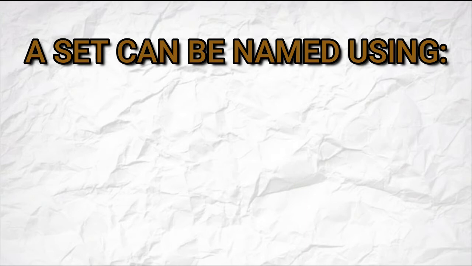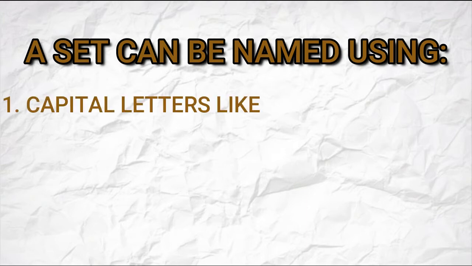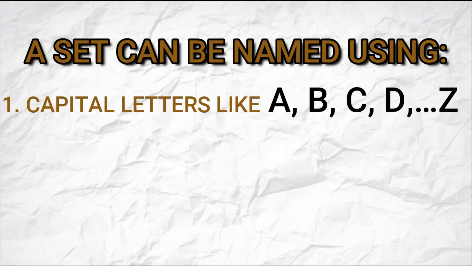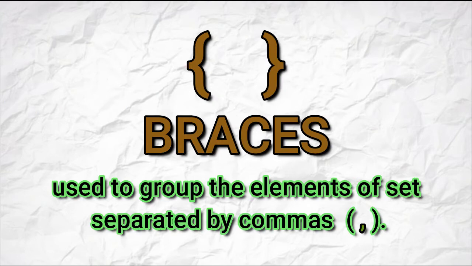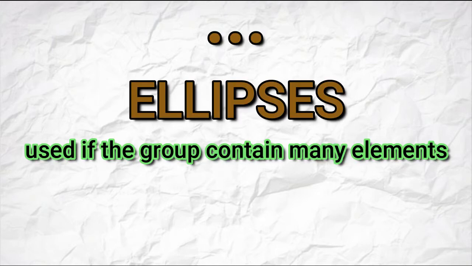A set can be named using capital letters like A, B, C, D, up to Z. And we use braces to group the elements of a set, separated by commas. If a set contains many elements, we often use three dots, called ellipses.